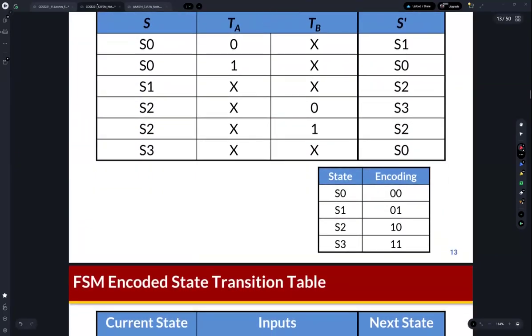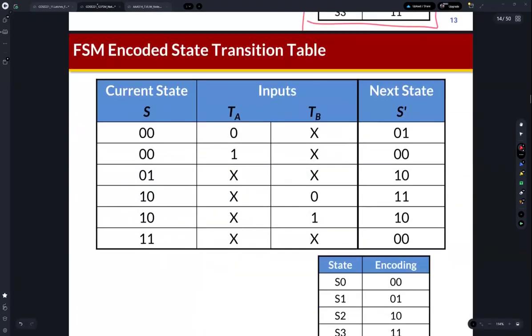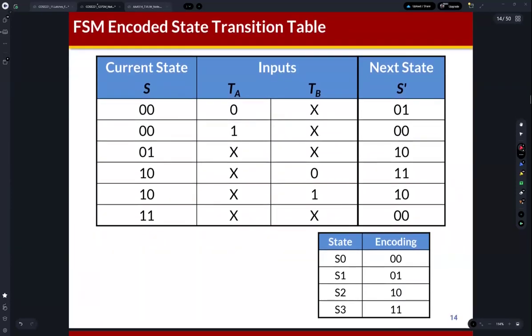So we can encode the state's name using digital values like this. S0 is 0, 0, and then S1 is 0, 1, and so on, right? So this is the encoded digital values. Then, using this encoding table, we can change the state's name using the encoded digital values.